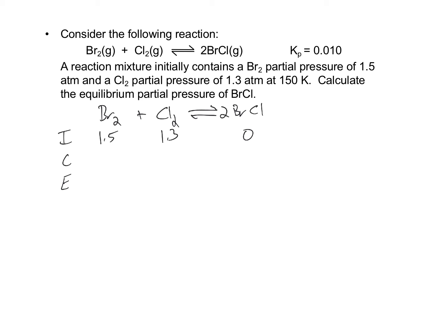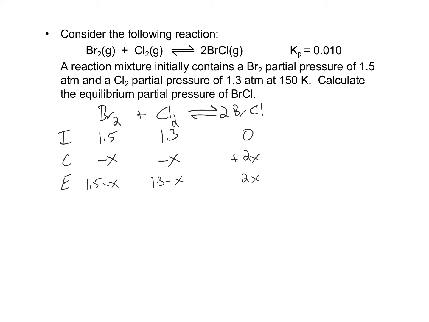So we'll call the change in Br2 minus x, the change in Cl2 minus x, and the change in BrCl plus 2x. So then at equilibrium, because we can add the initial and the change rows, we'll have 1.5 minus x for the Br2, 1.3 minus x for the Cl2, and 0 plus 2x will just be 2x for the BrCl.